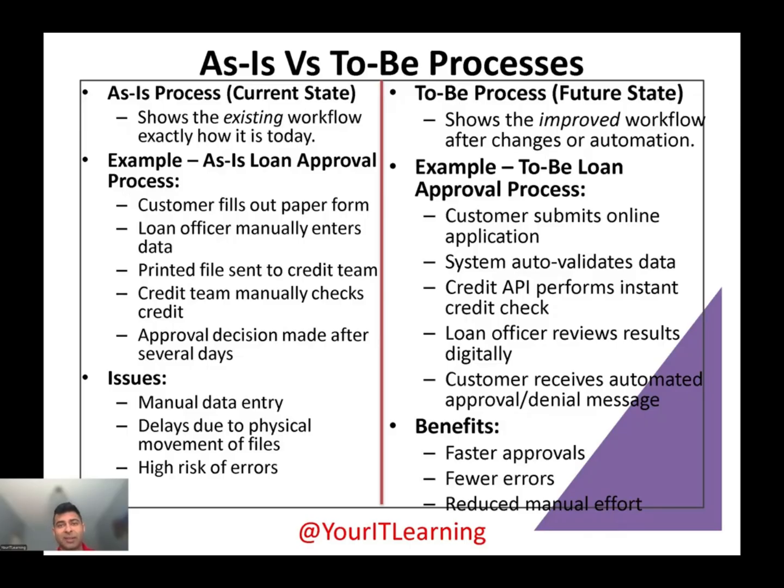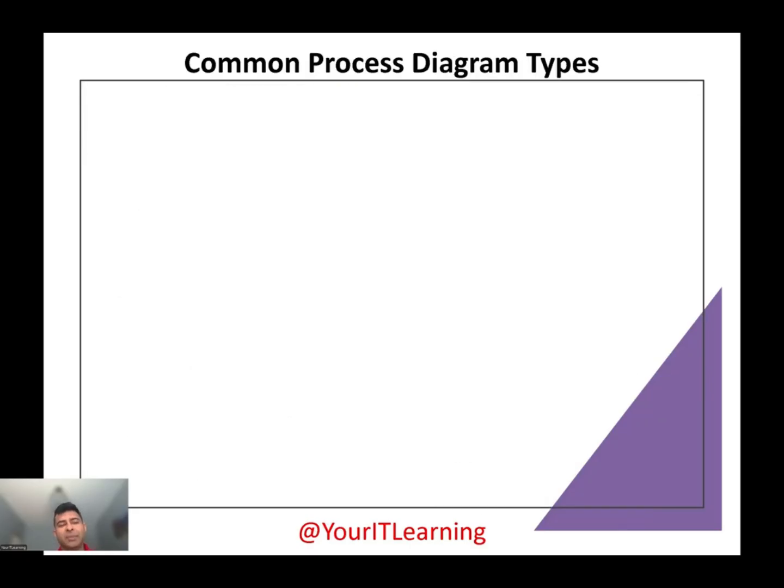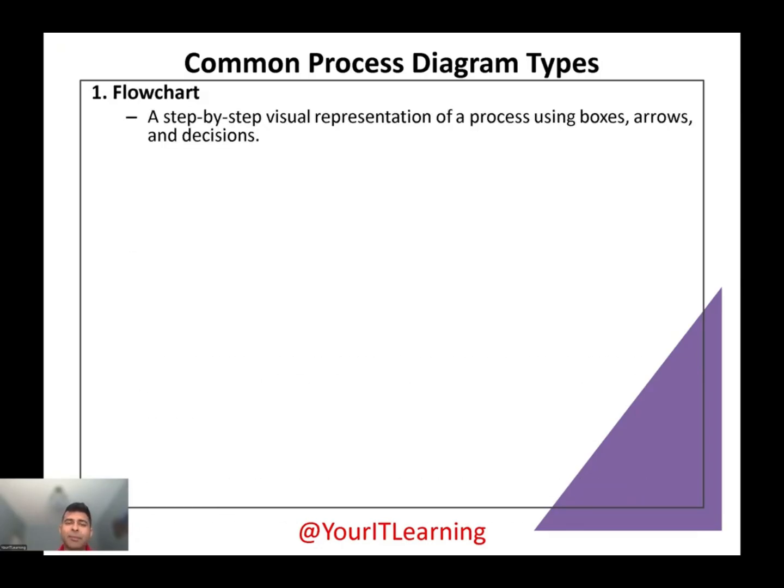Common process diagram types. Flowchart: a step-by-step visual representation of a process using boxes, arrows, and decisions. By now, if you are preparing for business analyst roles, you must have definitely done a flowchart diagram in your school or college, where you start at the top and the process keeps moving from start to end.